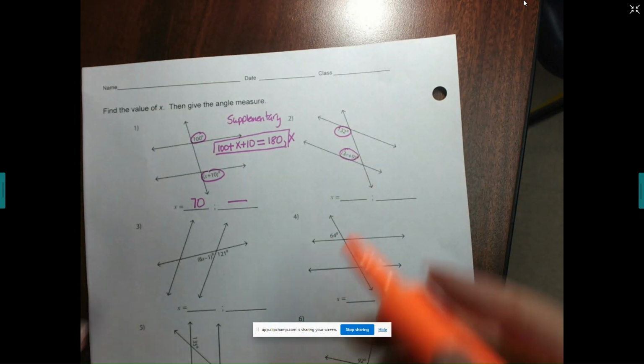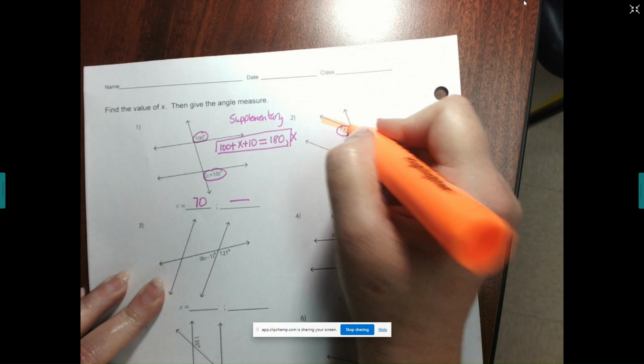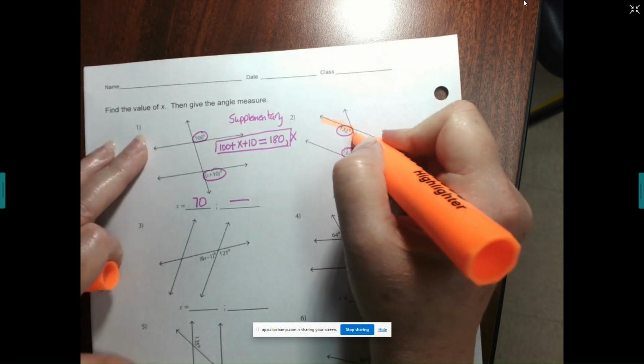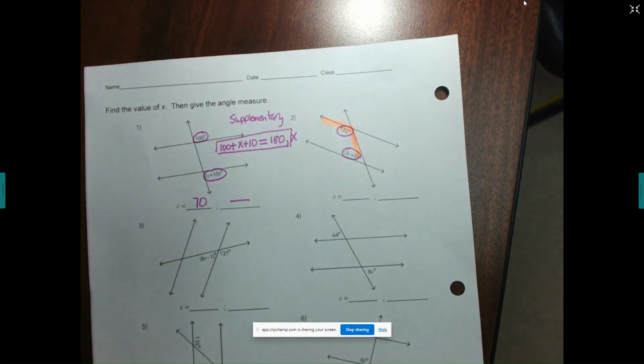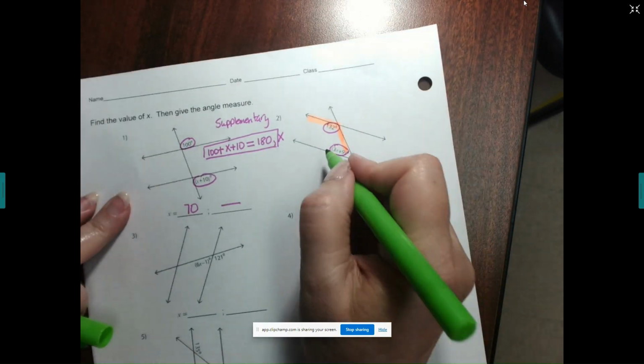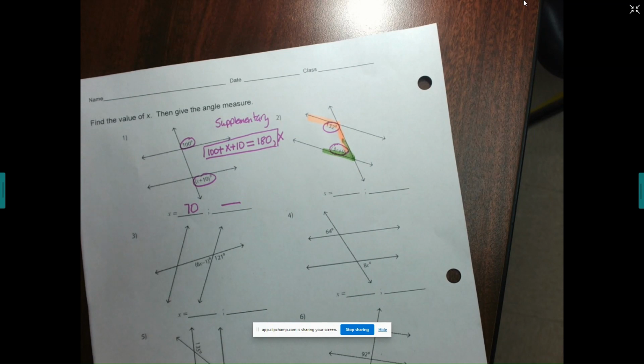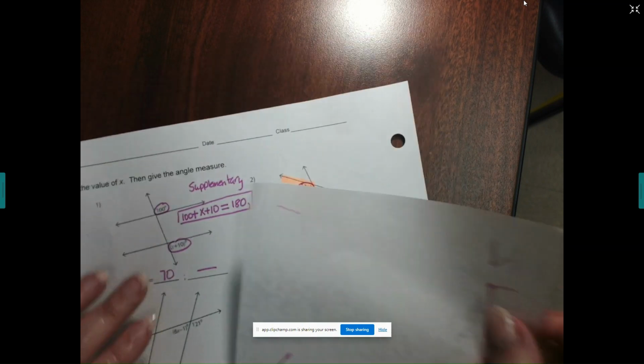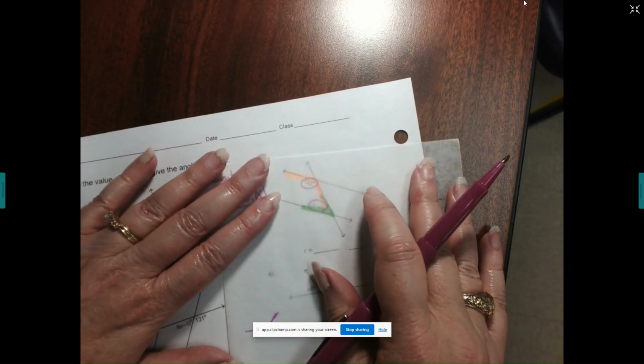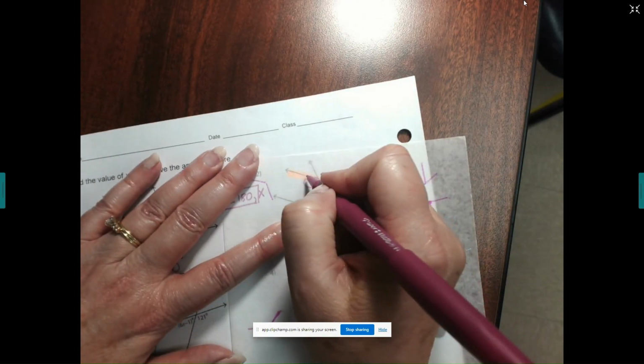Now I can look at this and I can see, oh, this angle is an obtuse angle. And I can look at this one down here and I can say, oh, that one's an acute angle. I can see that. So I know that they're different because one's acute and one's obtuse. But again, if you have trouble seeing it, get out some tracing paper or patty paper.